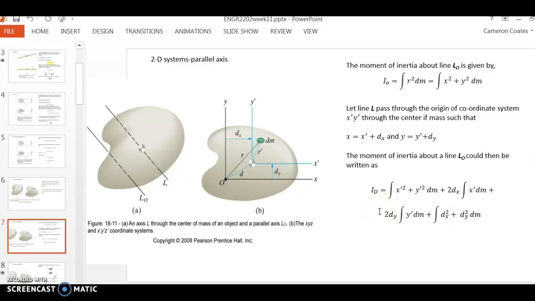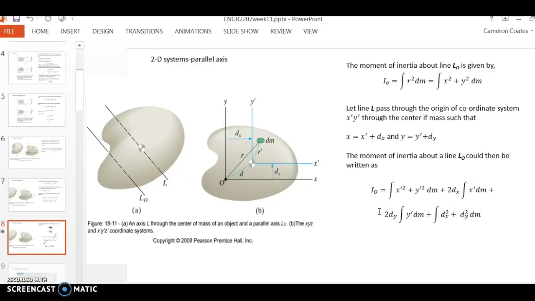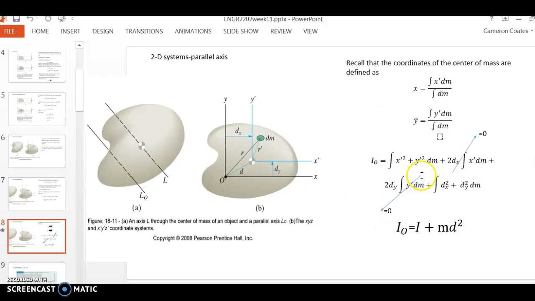Now, actually, we can see a couple of things here, because if I recall the definition of the center of mass of an object, it's given by the integral of x dm, or x prime dm, divided by the integral of dm, right? Similar for my y prime. But my line L is going through the center of mass.